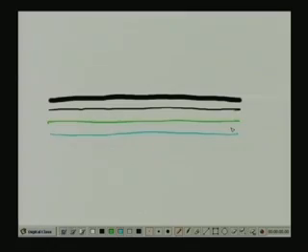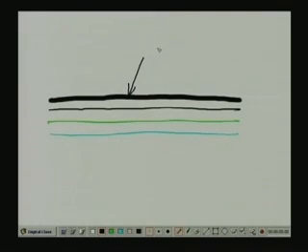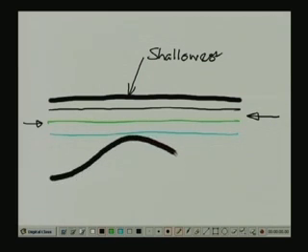Let us consider this sequence of bedrock, and this one here shows the shallowest layer, and as we go down deeper we get into green and cyan colored layers. Now, say we want to apply a compression in that direction, then what we are going to end up with is a bedrock that is going to look like this eventually.